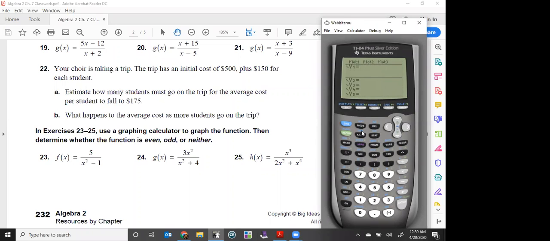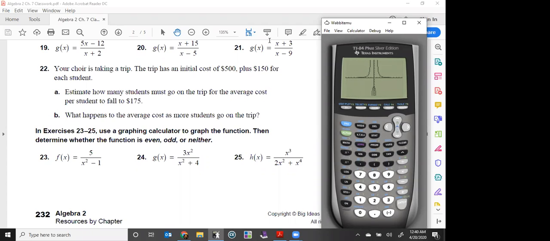And so we will first graph the first thing, and then I'll explain what that means. 5 over x squared minus 5.